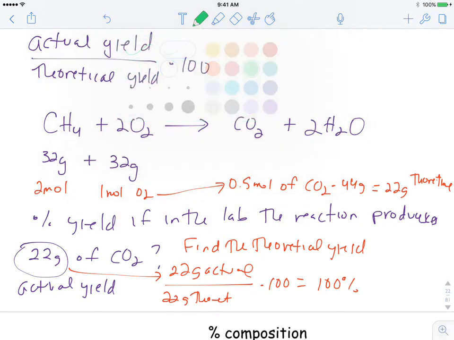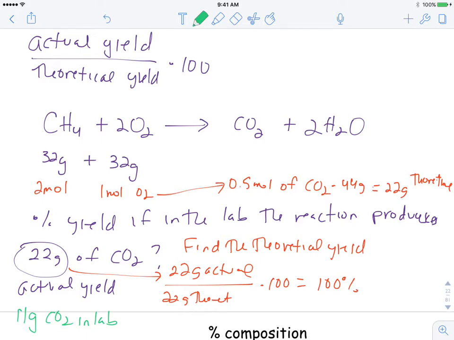So if I were to do it in green now, let's say that in the next situation, I would have only made 11 grams of CO2 in the lab. Well, my theoretical hasn't changed. My theoretical is based on the numbers that I reacted.